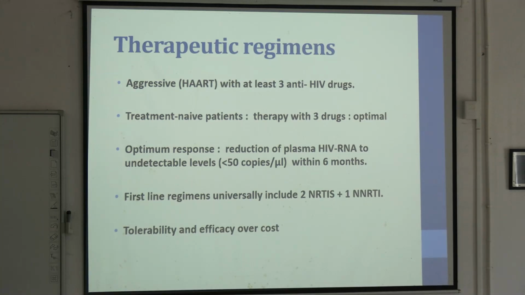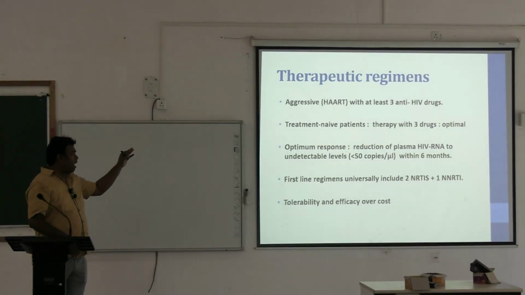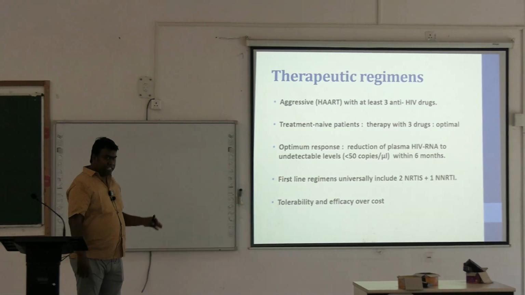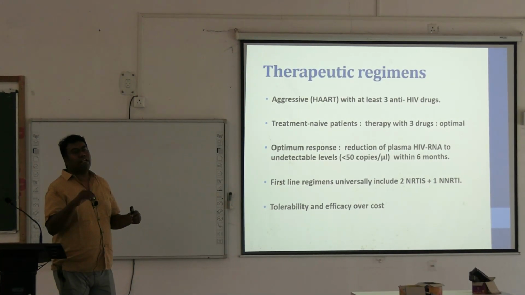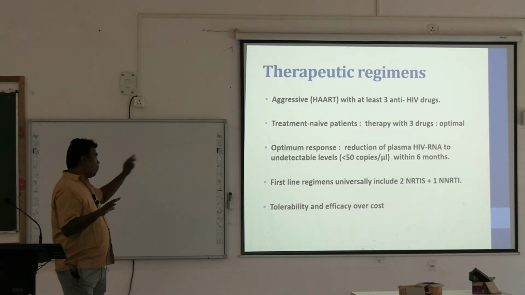At least 3 drugs, 2 subclasses. For treatment-naive patients, therapy is optimal if we start with 3 drugs. Naive means first time diagnosed, with no exposure to any other antiretroviral drug. In a new patient it is effective and optimal.